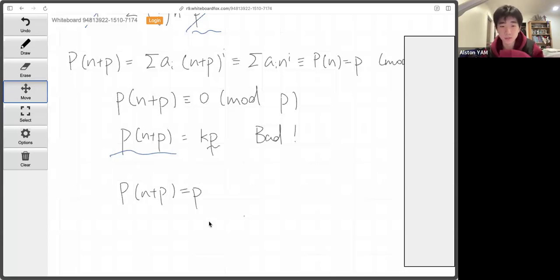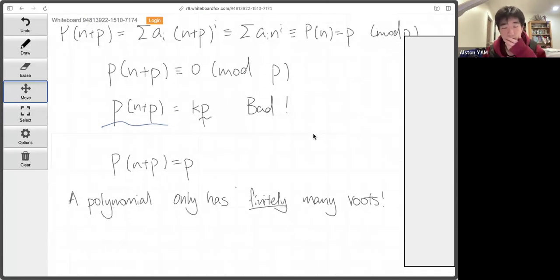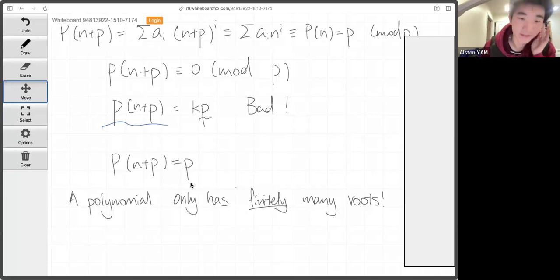And that's really, really bad because we know that a polynomial only has finitely many roots, but we have an infinite number of inputs such that this polynomial gives you the same prime p, which is a little dubious, right?